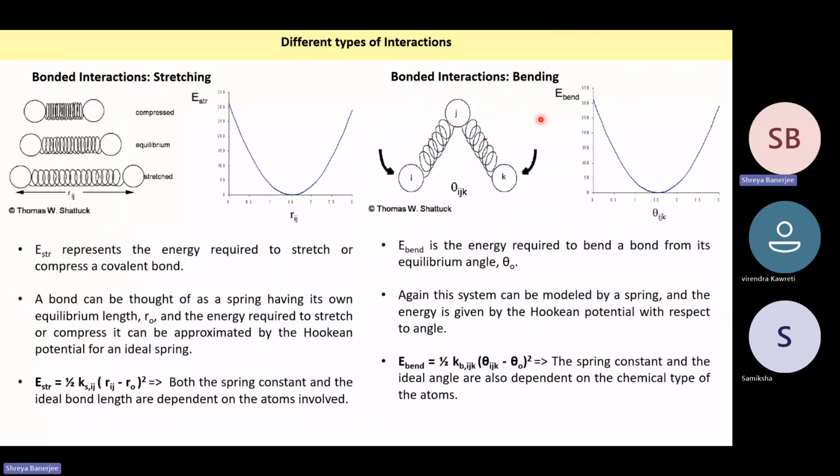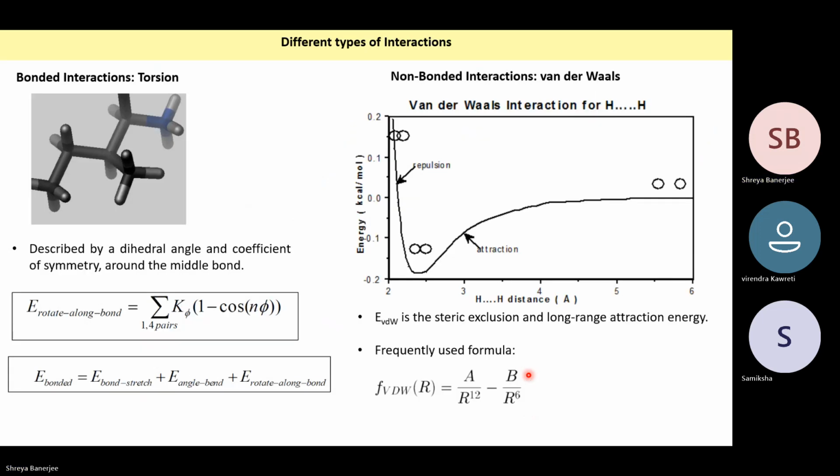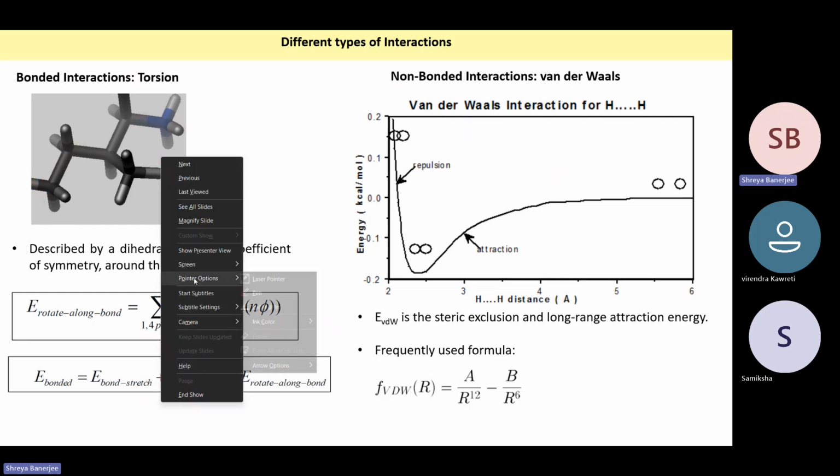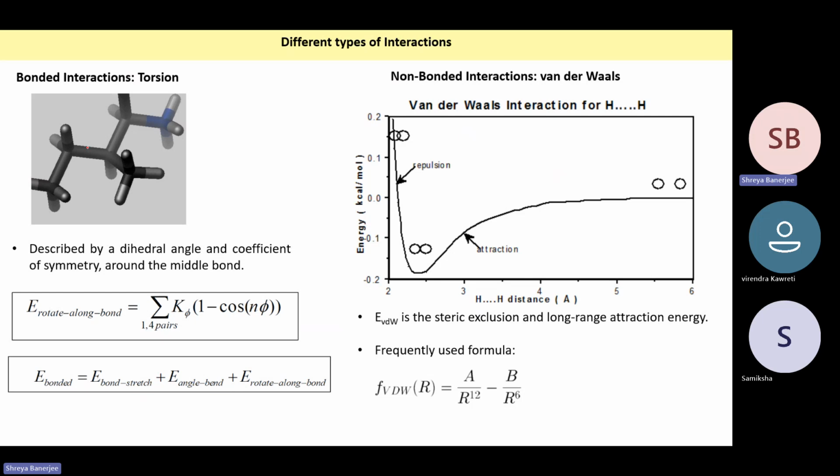Yeah, so we studied these two energy terms, the stretching and bending terms. There are some other terms. One is the rotation along the bond. When you have four atoms, there is a torsional angle associated with them, and rotation along this bond can be defined by this torsional angle phi.